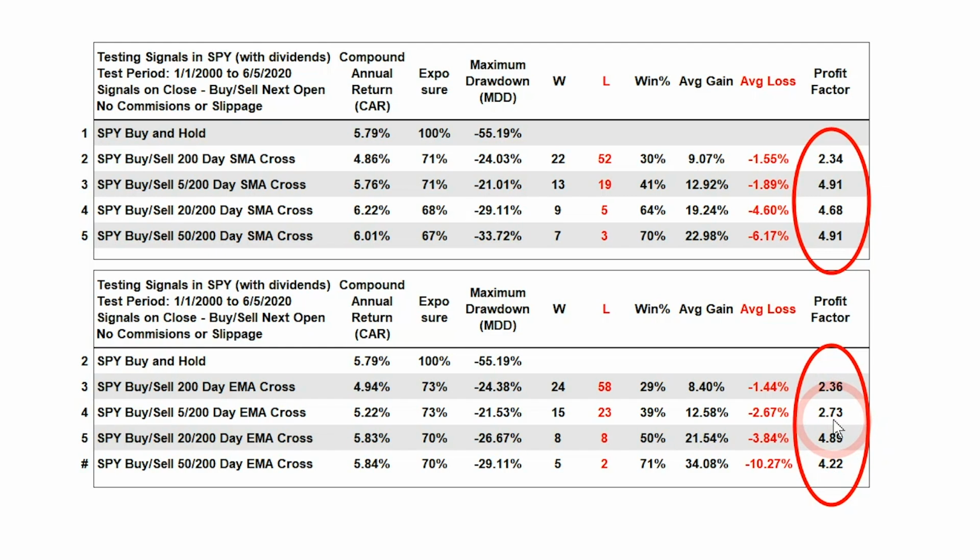And you also had a lot more trades. You had 15 winners and 23 losses versus 13 winners and 19 losses. So that might have resulted in the lower profit factor. Profit factor went up with the 20-day EMA and 50-day EMA. But overall, I'm still going to go with the 5-day, 20-day SMA cross for my signals.